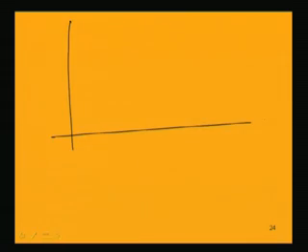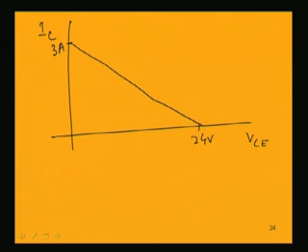So, plotting this on the load line, if we draw the load line again, IC, VCE, 3 ampere maximum collector current, 24 volt the maximum VCE, joining these two we get the load line, having the slope of 1 by RL with a minus sign.